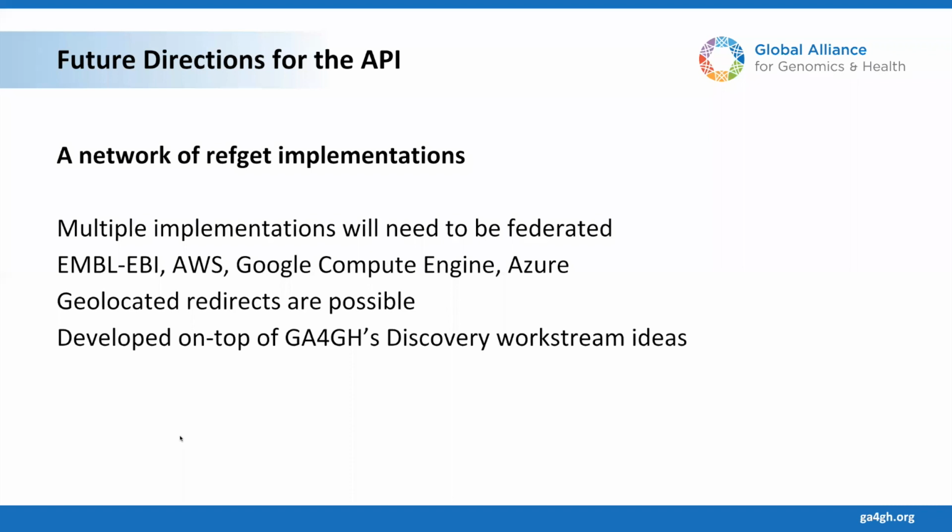So because of that, we are considering, as part of GA4GH's discovery work stream, coming up with a discovery network that would allow us to do redirects, say, based upon geolocation. So making sure you get forwarded to your closest implementation of Refget.